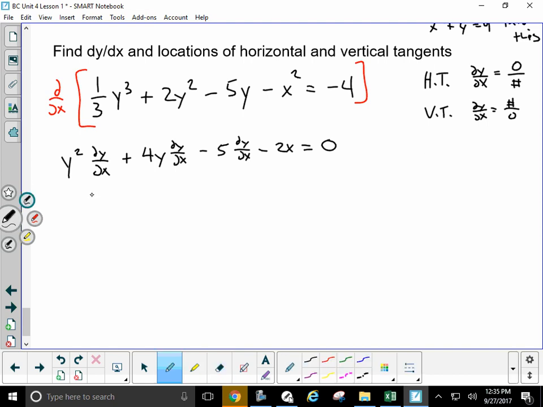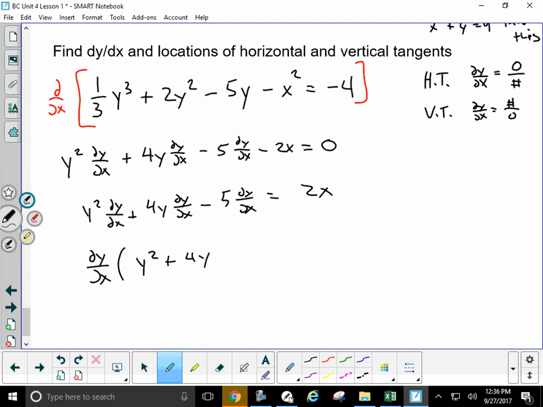Okay? Then, add 2x. Factor out the dy/dx. Divide to solve for dy/dx. Okay? We start with that.